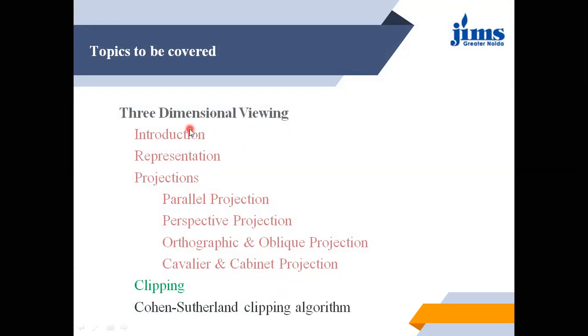there are the things that we studied: the introduction of 3D, then how we can represent a 3D object, then we discussed the projection, what a projection is, and then the basic classifications of the projection, in which we discussed parallel and perspective projection with their differentiation based on their characteristics.